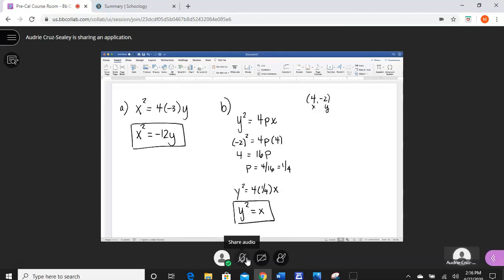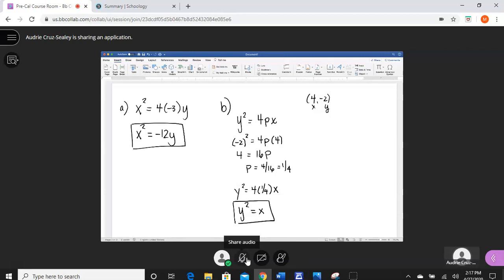And so then you plug the p back in for p, and you simplify it, and you get y squared equals x. So y squared equals x is a parabola that opens to the right and contains that point. Okay? Any questions?